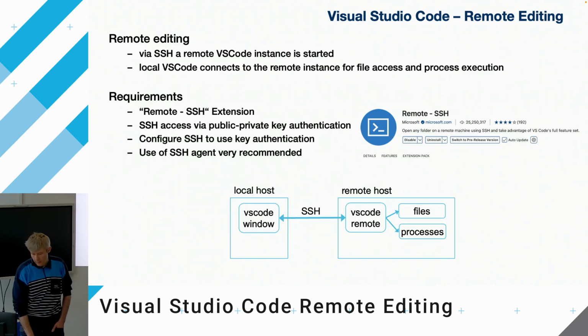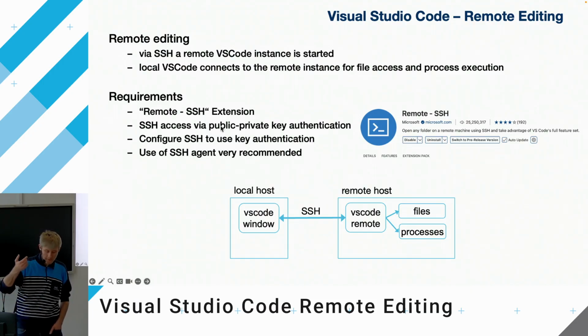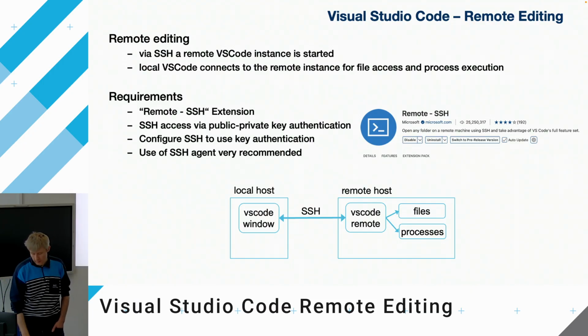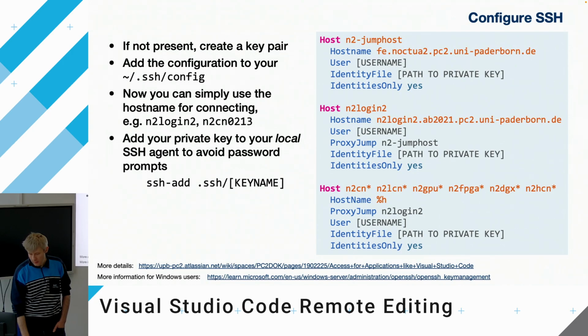So it works best if you set up your SSH configuration accordingly. You need to configure your SSH to use key authentication and use the SSH agent to avoid all of these password requests.